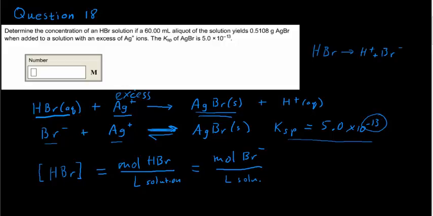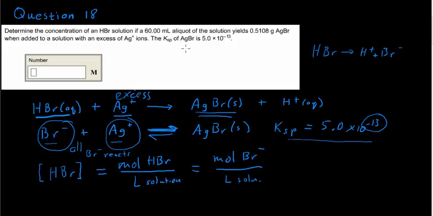And since we've got an excess of silver ion right here, Le Chatelier's principle would tell us if we have a lot of that, it's going to shift the equilibrium towards the product side. So we can imagine that essentially all of the bromide reacts. All of the bromide that we have initially in our solution is going to react to form this solid.